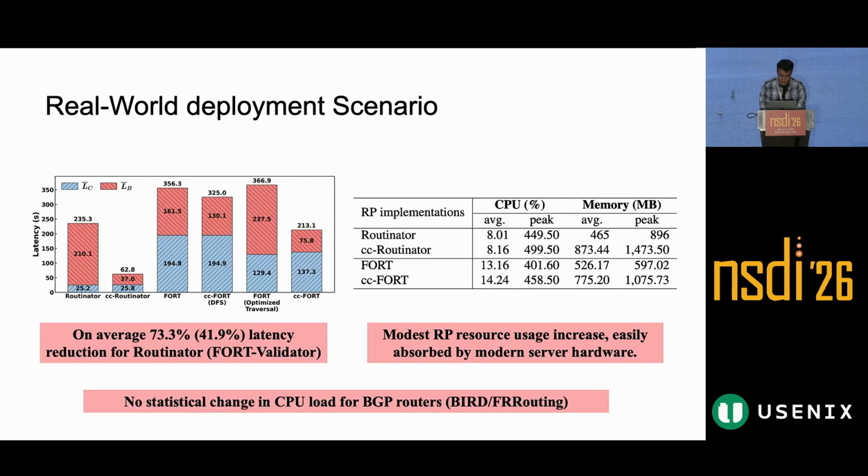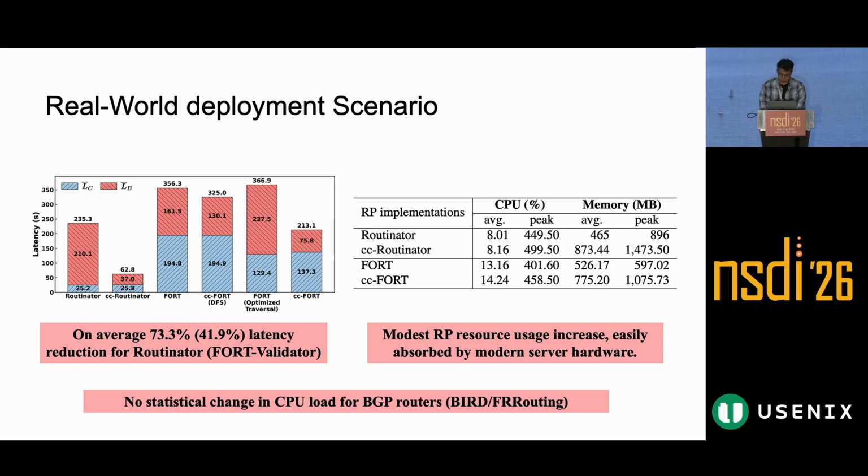Let's look at the real-world deployment result first. By strictly erasing the structural blocking latency, CityPipe reduced the validation run latency by 73% for Routinator. As shown in the table, while CityPipe introduces a modest increase in RP memory and CPU usage, it can be easily absorbed by modern server hardware.